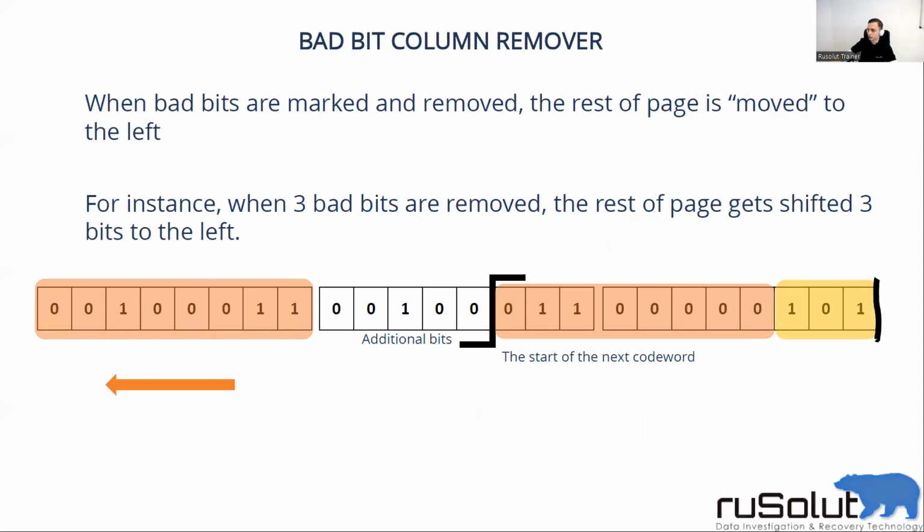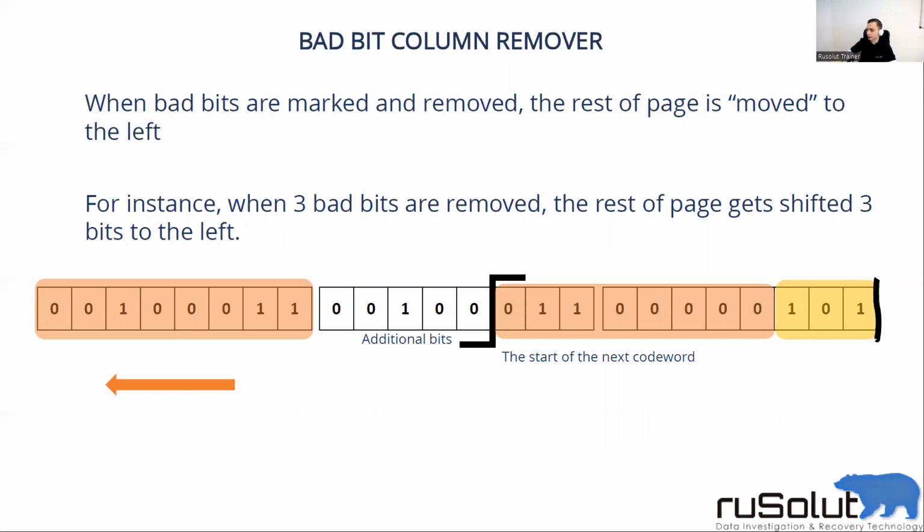When bad bits are marked and removed, the rest of the page is moved to the left, and such removals can also make a problem when we try to define a page structure and then extract data.